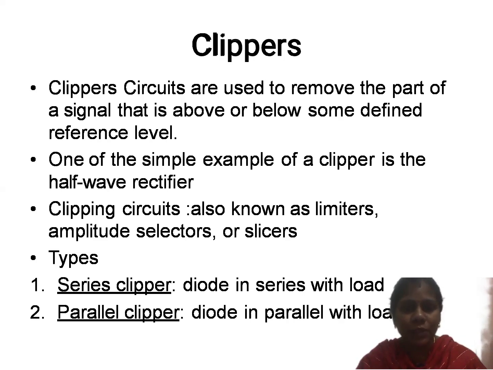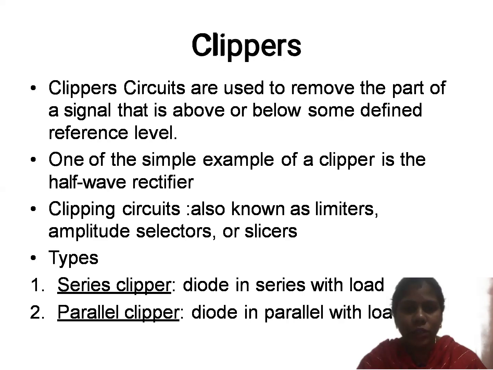The best example of the clipper is the half-wave rectifier. If you observe the output of the half-wave rectifier, for one cycle it conducts, and for the other cycle it does not conduct. For the positive half cycle we consider it the desired signal, and the negative half cycle we take as 0.